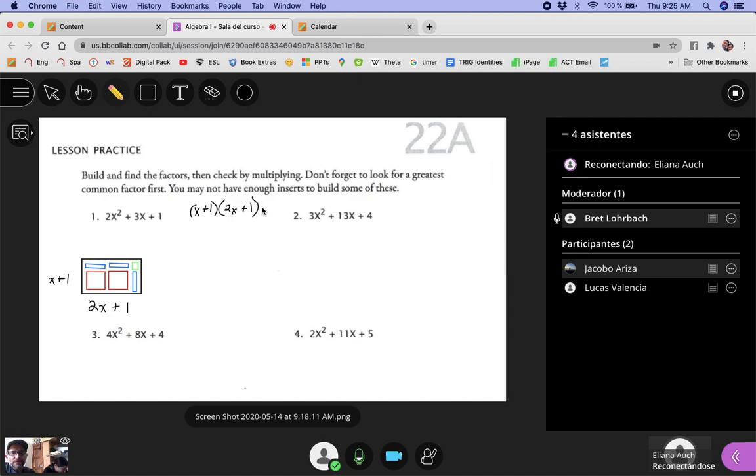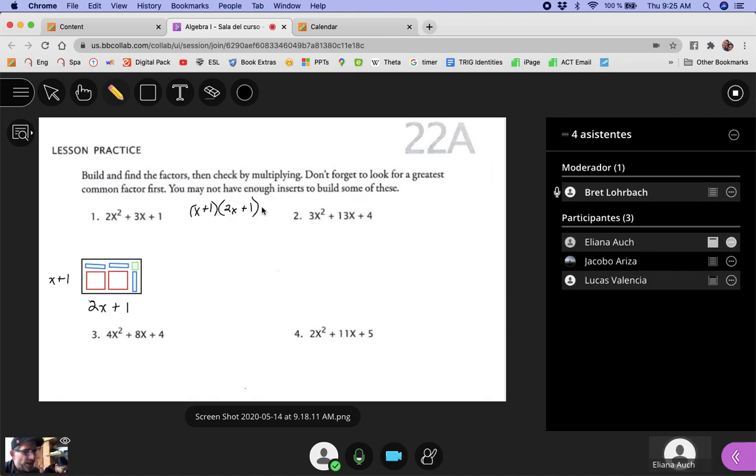Now, to check it, again, we know that x times 2x will give us 2x squared. We know 1 times 1 will give us 1. The only thing we really need to check are the two middle terms. Does that add up to be 3x? Let's see.